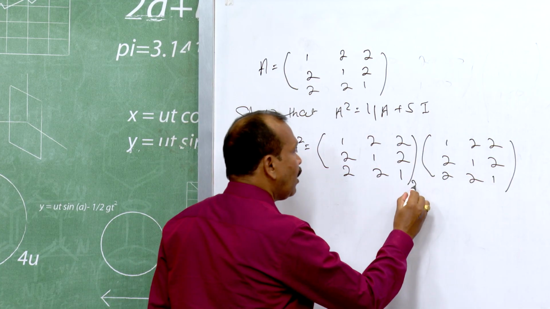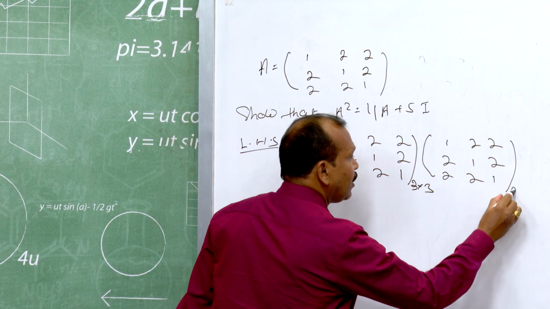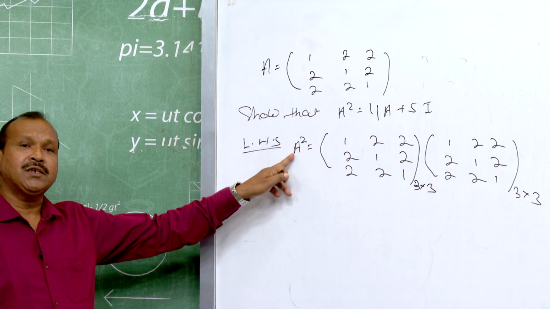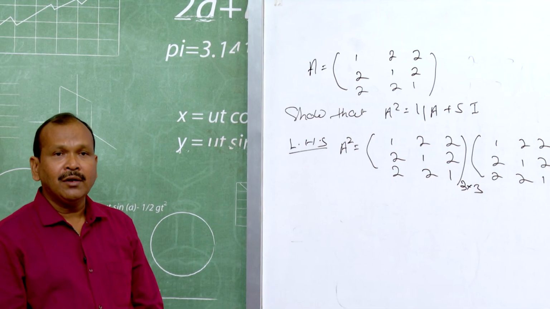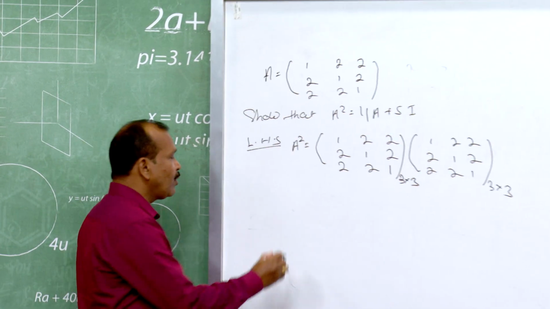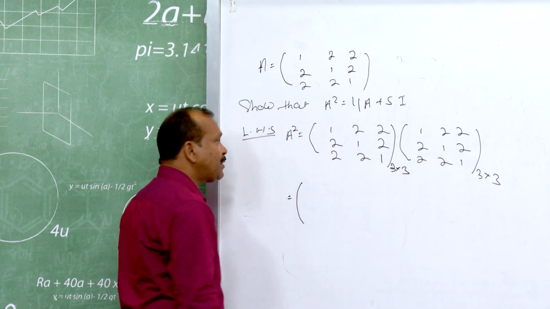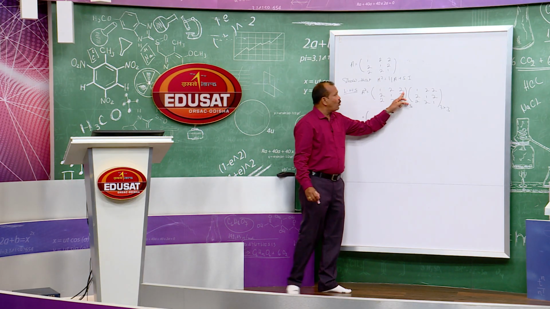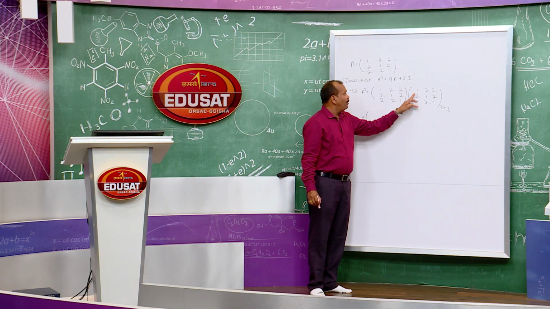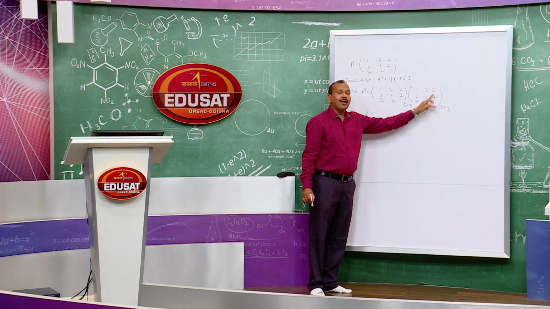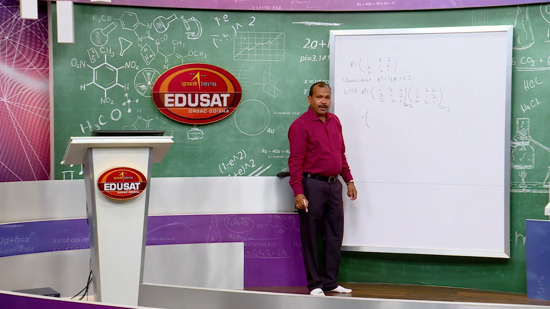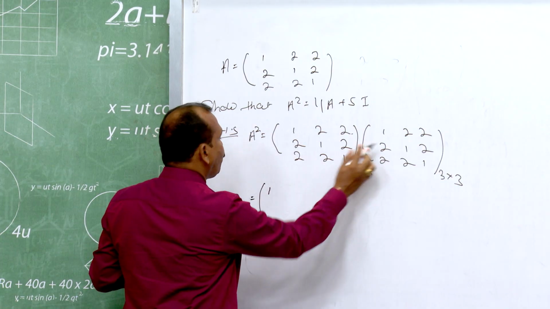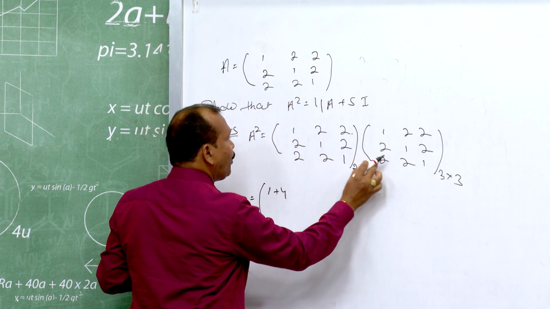This is order 3 cross 3 and this is order 3 cross 3. Then A square is a matrix also of the same order 3 cross 3. The matrix product is done by multiplying the first row with the first, second and third columns of the second matrix. Then 1 into 1 is 1, 2 into 2 is plus 4, 2 into 2 plus 4.